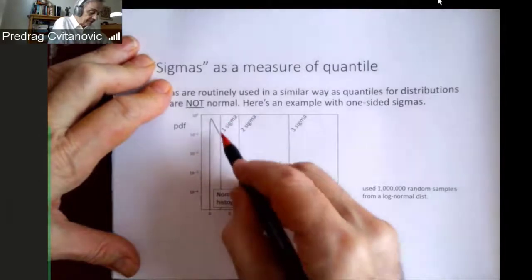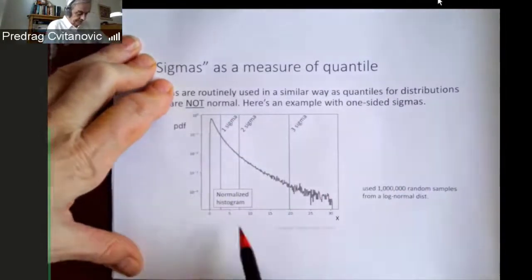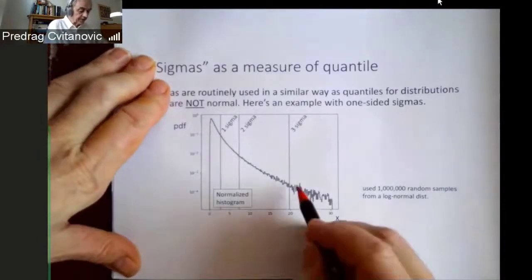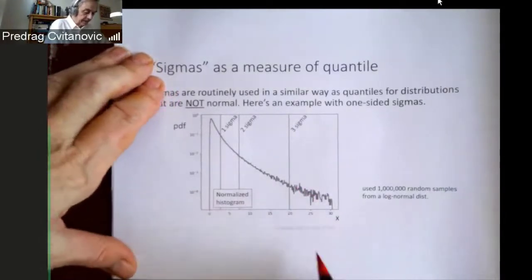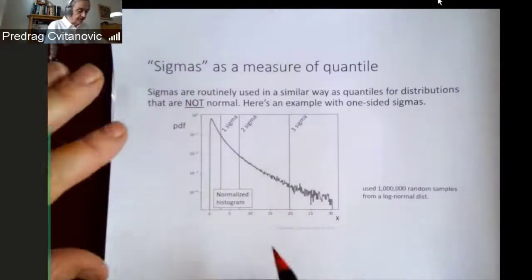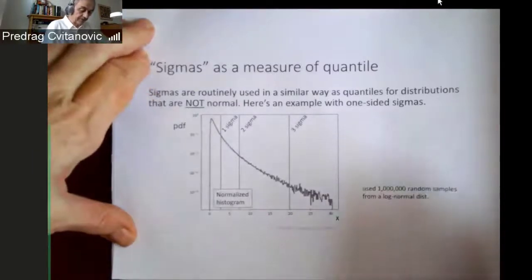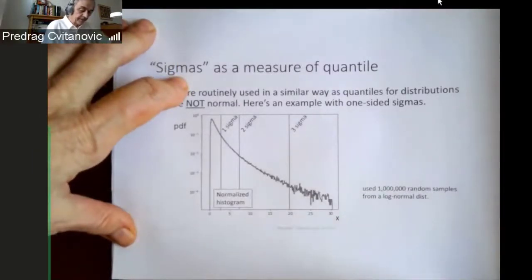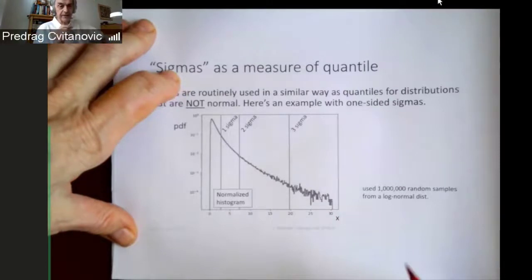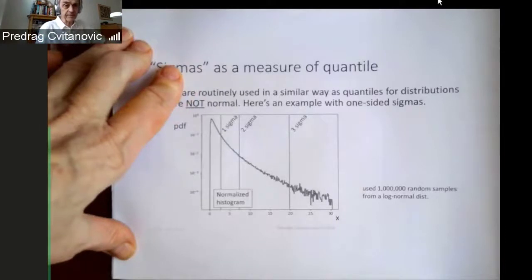And then 1 sigma, 2 sigma, 3 sigmas correspond to cutting off your distribution at very large x in this case, because this distribution is falling very, very slowly. So this one was computed by taking 1 million random samples from a log normal distribution, which are plain, but you should know it exists.